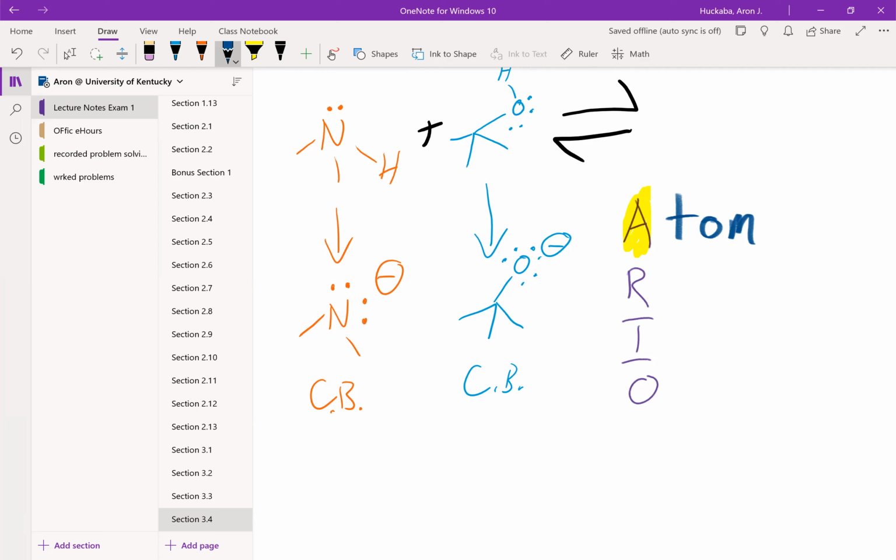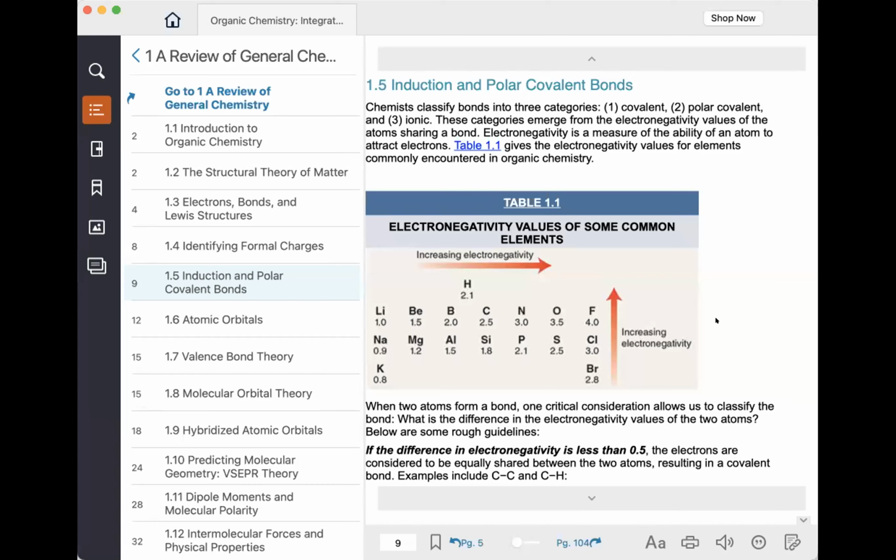Table 1.1 in section 1.5 can tell you about electronegativity, or you can remember the general rules of electronegativity in the periodic table, which states that it increases as you go right and up the table. But for now, we can have a look in your book at that table, and we can see that between nitrogen and oxygen, which are the atoms that had a negative charge in our structures, it looks like oxygen is the most electronegative.